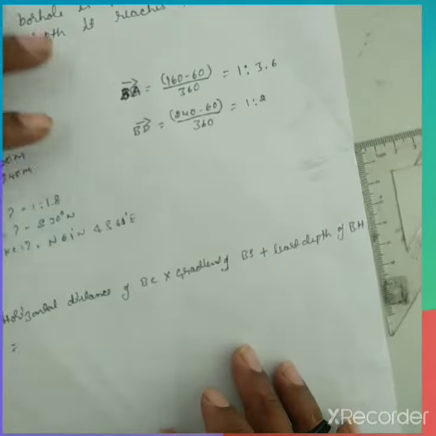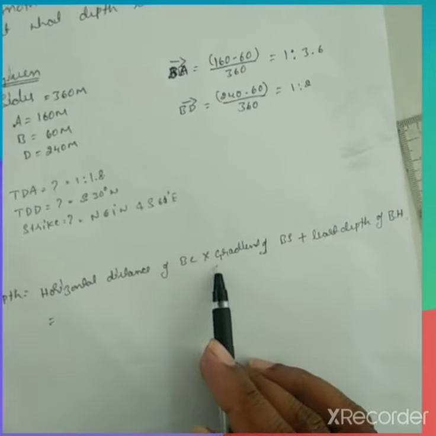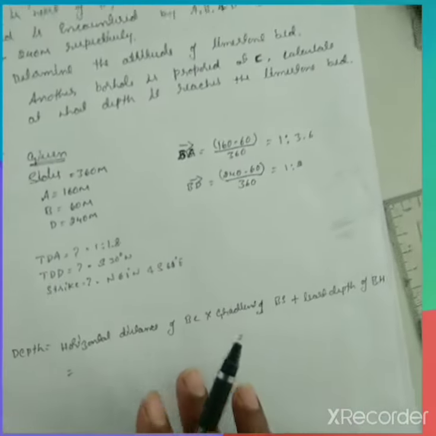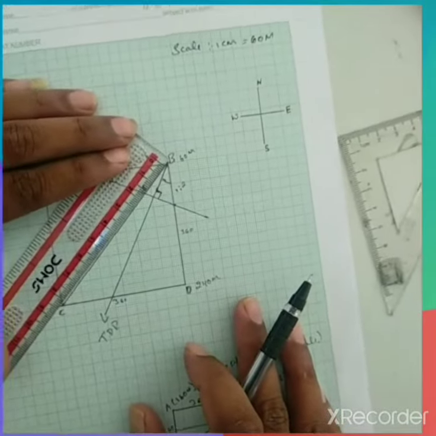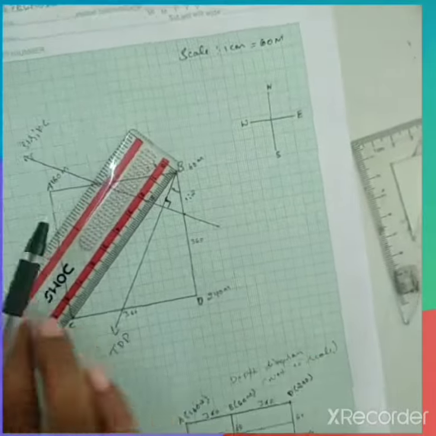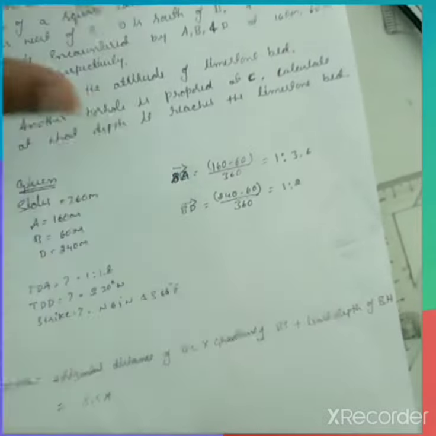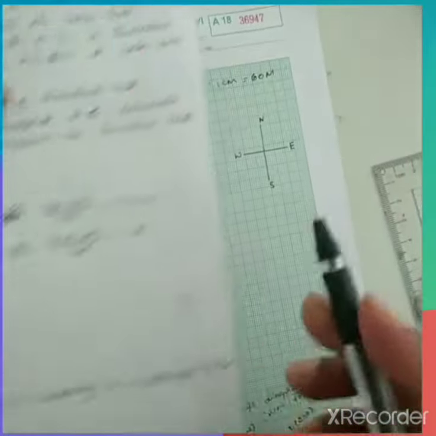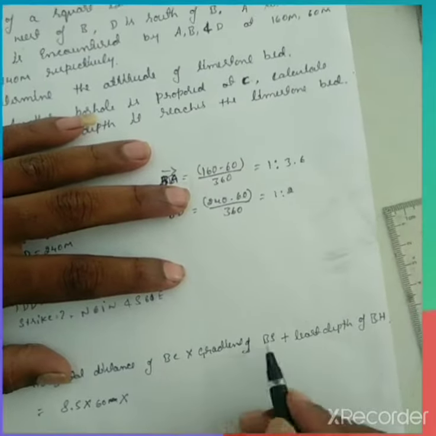Now, to determine the depth, the formula is the horizontal distance of BC into the gradient of BS plus the least count depth of the borehole. Here the horizontal distance of BC is 8.5 into, with respect to the scale, 1 centimeter is equal to 60 meter. We need to convert it into meter, 60 meter, into the gradient of BS.